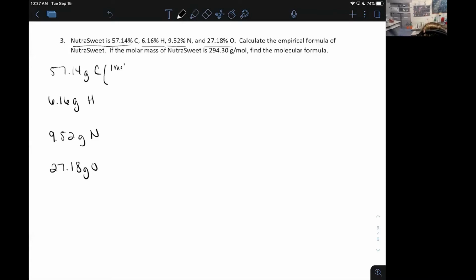So 1 mole of atomic carbon is 12.011 grams. So taking our 57.14 divided by 12.011 gives me 4.757 moles of carbon. And 1 mole of atomic hydrogen is equal to 1.008 grams of hydrogen. We take our 6.16 divided by 1.008, giving us 6.11 moles of hydrogen.